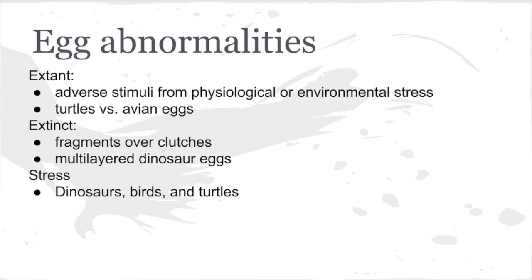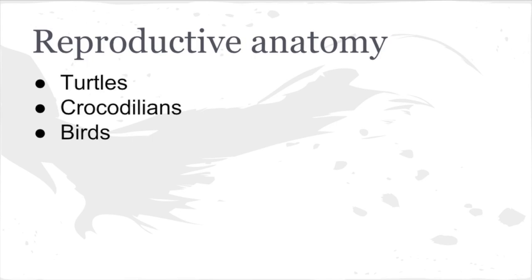In turtles, the physiological or environmental stress that produced the abnormalities most likely occurred before or during an early phase of the mineral deposition. The decreased shell thickness of an inner eggshell layer observed in the Cretaceous turtle egg is not typical of abnormal dinosaur eggs, nor has this morphology been documented in modern avian eggs.